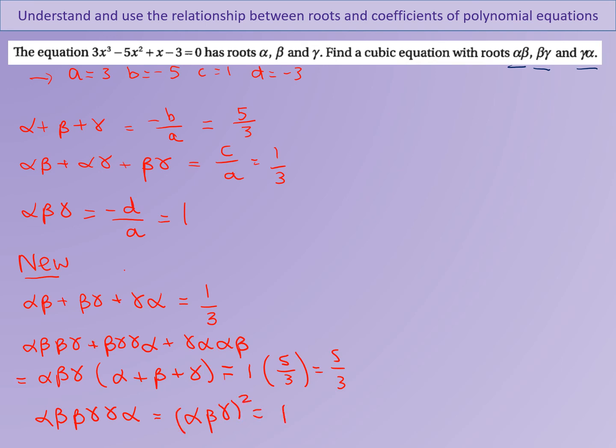1 squared is 1. Okay, now each of these terms, the first one there is minus b over a, the second one is c over a, and the final one is minus d over a.